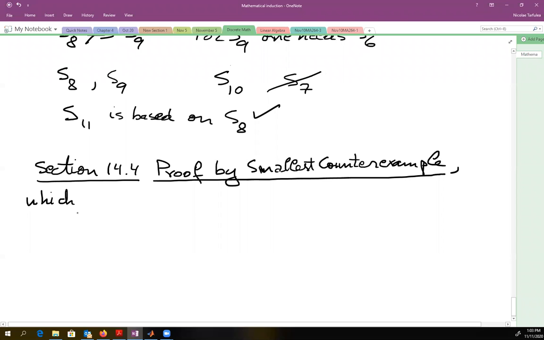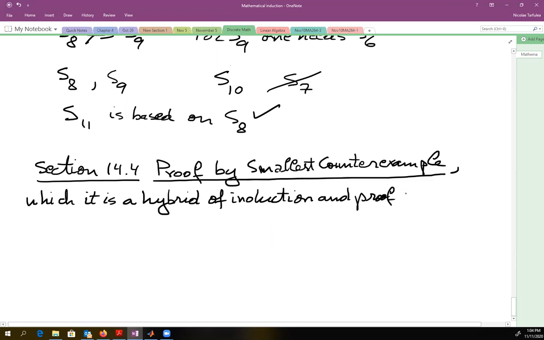So this one is a hybrid, you'll see that immediately, of mathematical induction and proof by contradiction.